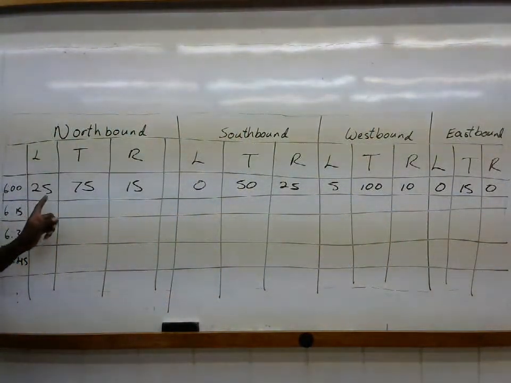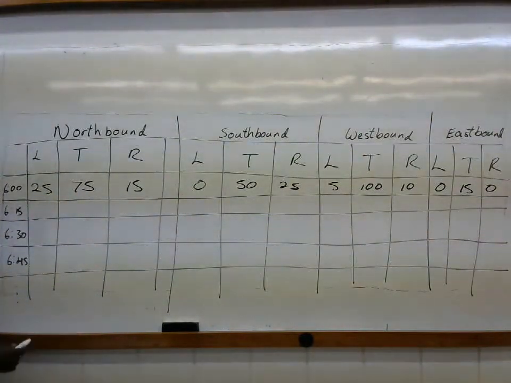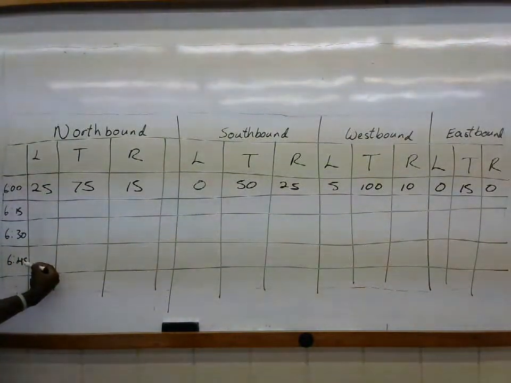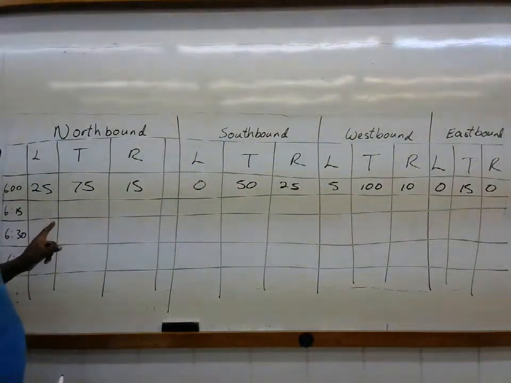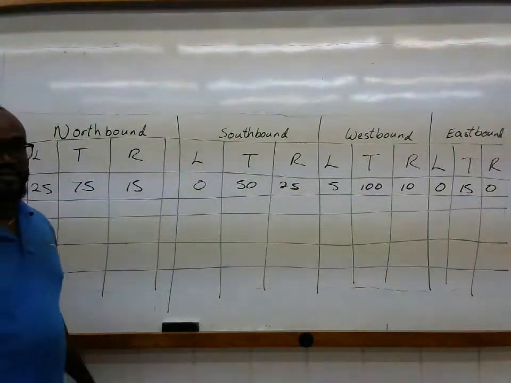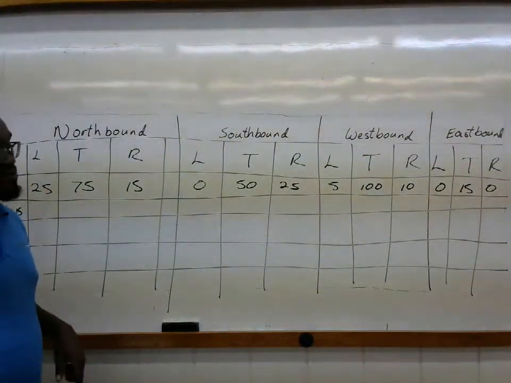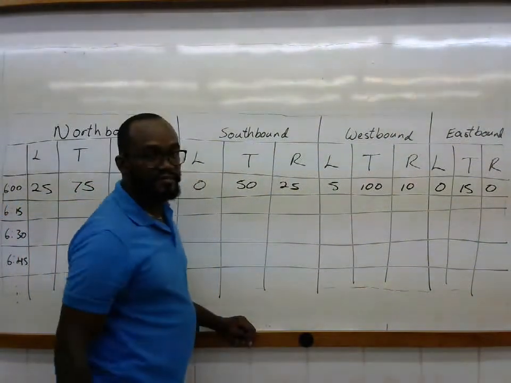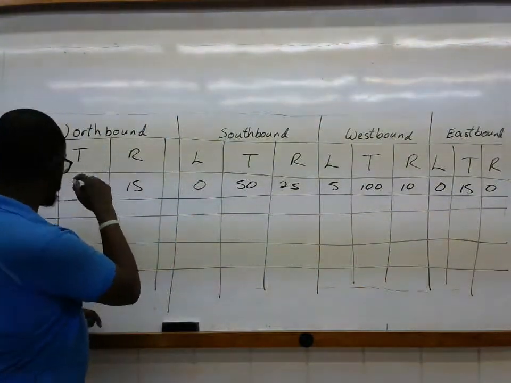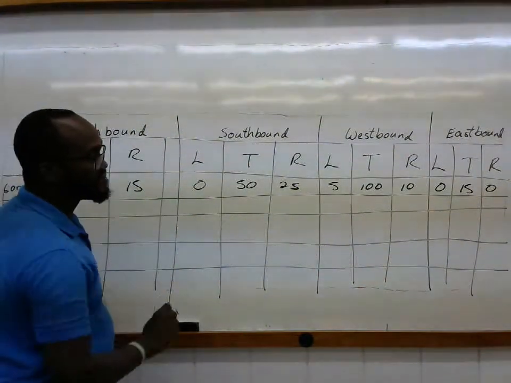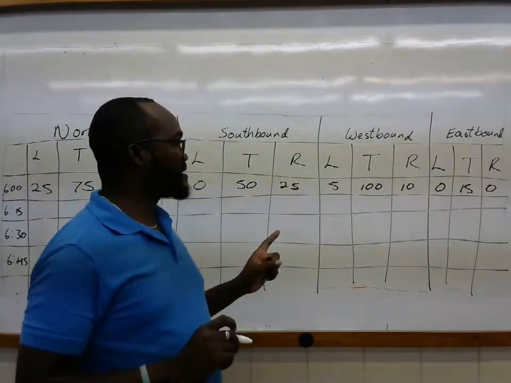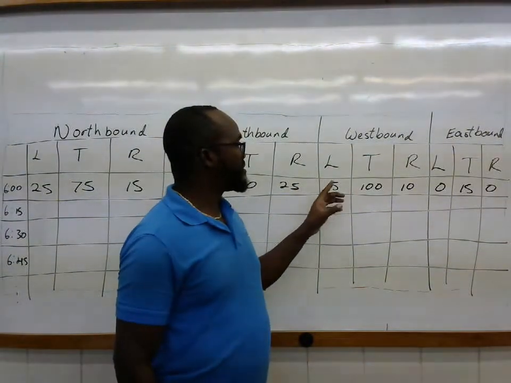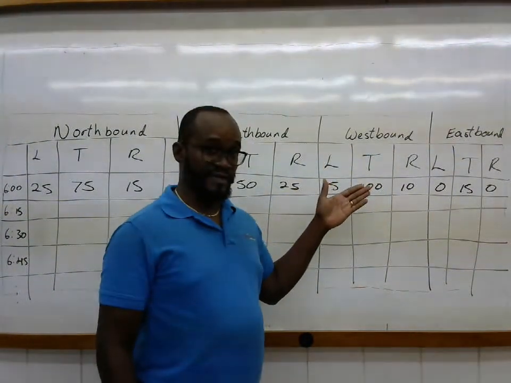Recall that I mentioned the peak hour is determined by the sum of 4 consecutive 15-minute periods. But how do we actually compute the total volume across each of these 15-minute periods? Well, you actually sum across the table, so it's not a vertical summation, it's a horizontal summation. And recall, I just mentioned that you will have approximately 6 categories or 6 classes for the count that you have undertaken.